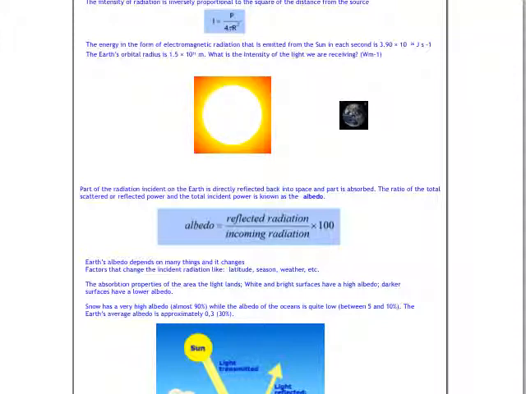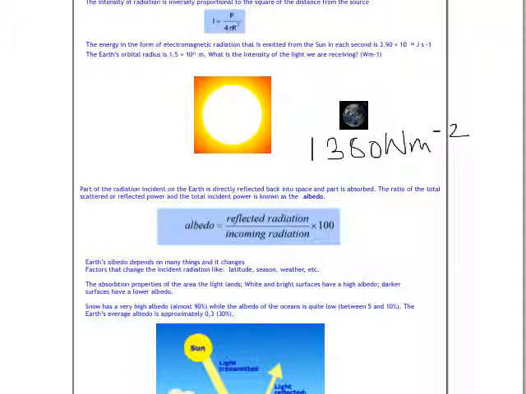We do get 1,380 joules per second per meter squared on average, but in reality the number is much less than that. There's all kinds of factors involved in why the number is less.